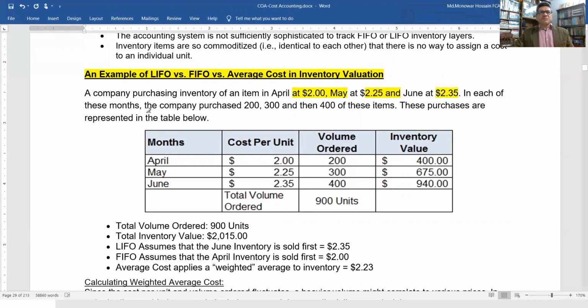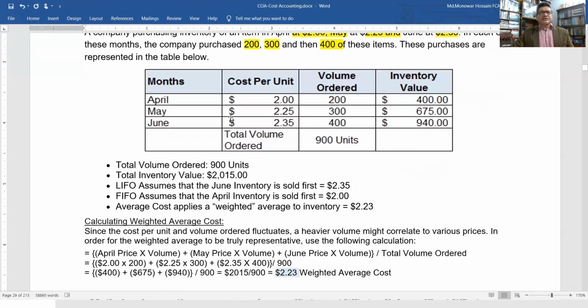In each of these months the company purchases 200, 300, and 400 units. The purchases are represented in the table: April, cost per unit, volume, total inventory. The total volume ordered is 900 units. Total inventory value is 2015: you add 400, 675, and 940, then we get 2015.